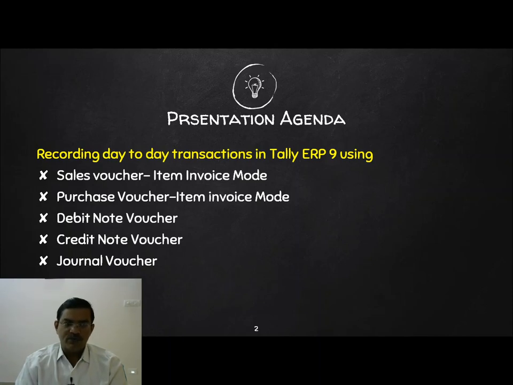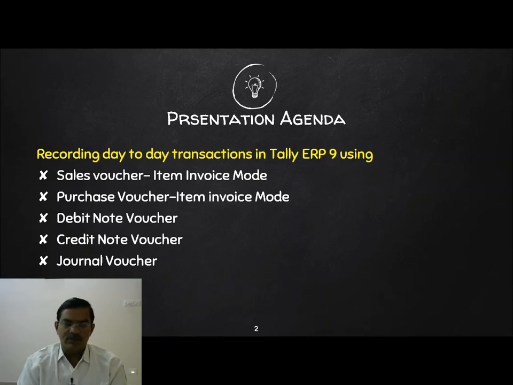Apart from the general voucher, in my previous presentation we covered contra entry and how we can post the transaction, and payment voucher, receipt voucher, and also sales voucher in voucher invoice mode. We discussed them in my earlier presentation. Purchase also we use.